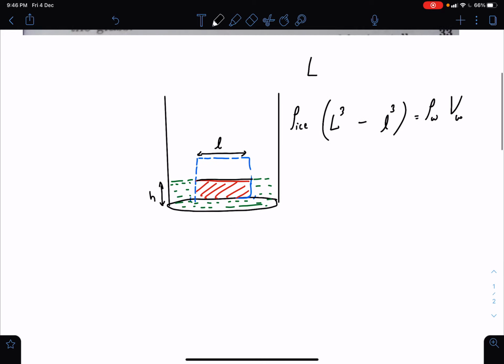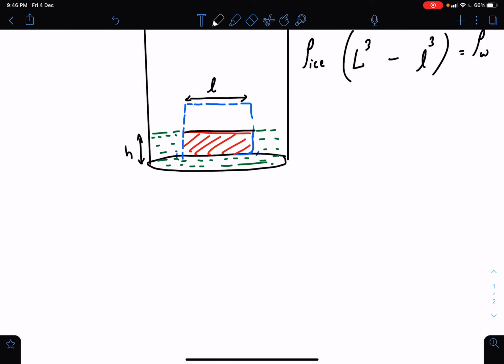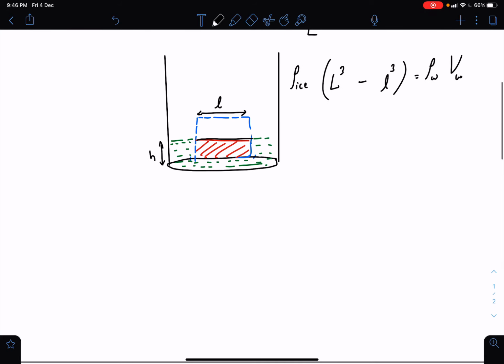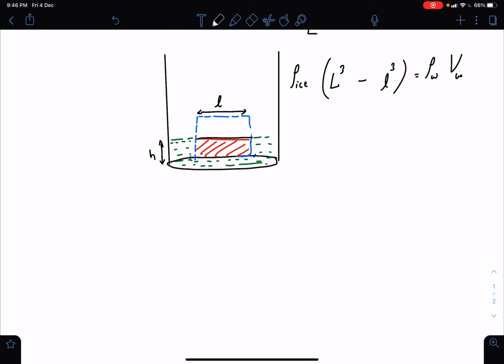Now let's say the water height is h. So what is the volume of water? In what area is water present? Water is present in pi d square by 4 minus l square, because if you consider the diameter to be d, then the base area is pi d square by 4.